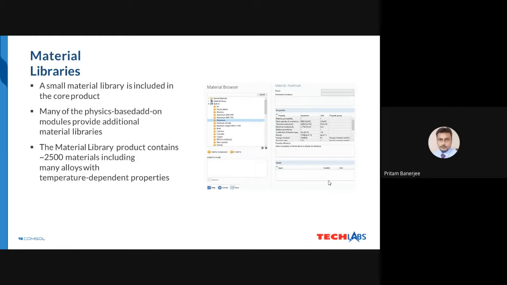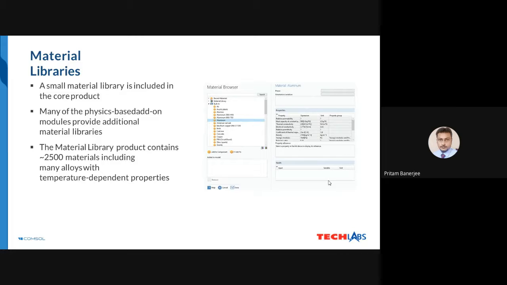It has material libraries, so we could take all those materials from the material libraries. We could also change the properties of those materials and create other materials as well. Many physics based materials are added into the material library, with more than 2500 materials included.